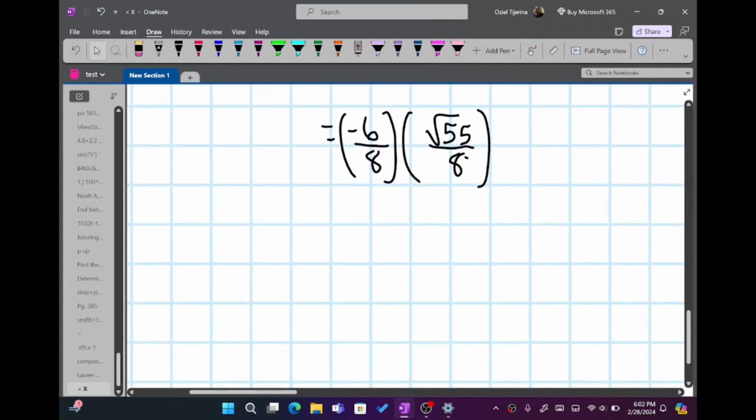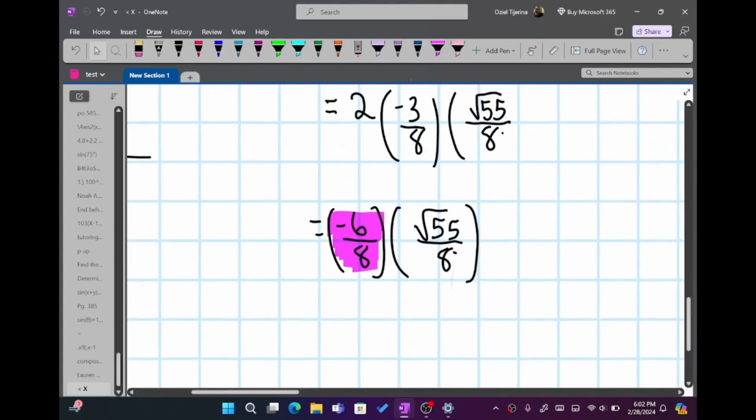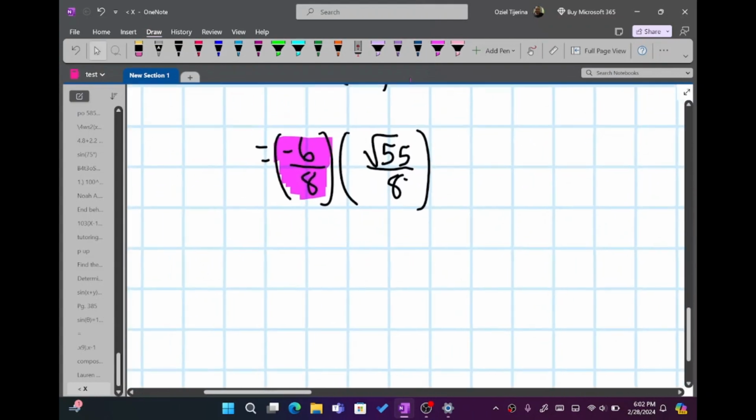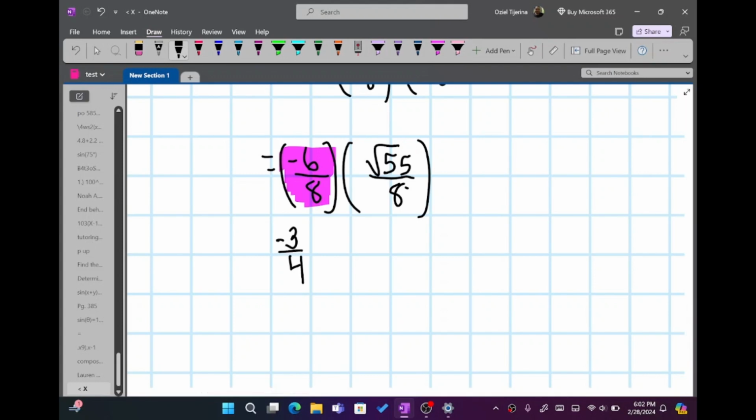Now, here's the thing, negative 6 over 8 is going to reduce, I'm sorry. And then, we're gonna have negative 3/4, and then times square root of 55 over 8. And then from here, we're just gonna go ahead and say that this is equal to negative 3 square root of 55 over 32.